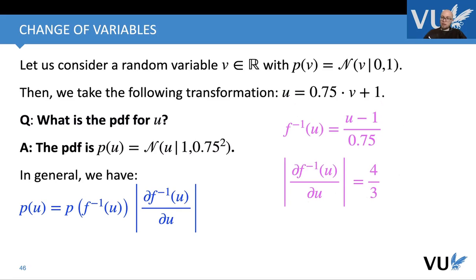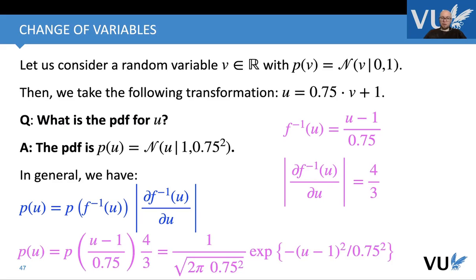And the derivative of that is simply 1 divided by 0.75, so it's 4 divided by 3, right? We plug it into the standard Gaussian definition, and after transforming everything, we get the following Gaussian.